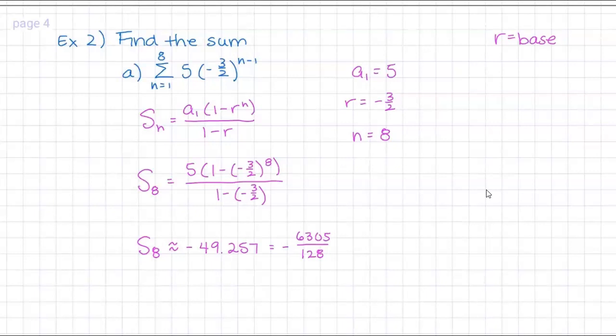If you're using a TI graphing calculator, when you get that decimal answer on your screen, if you hit the math key, and then there's an option number 1 that looks like this.